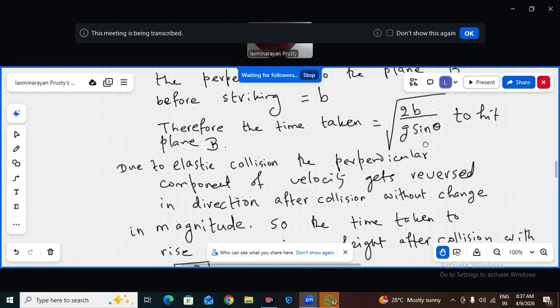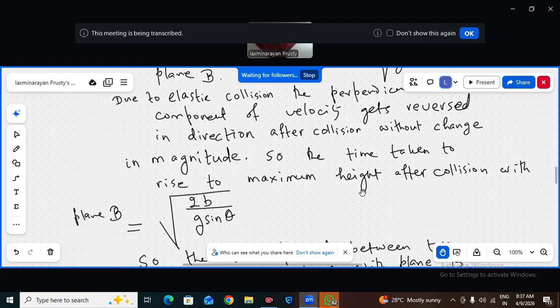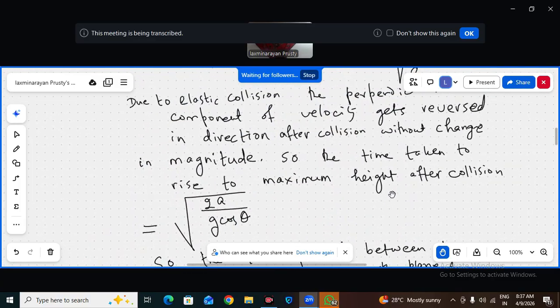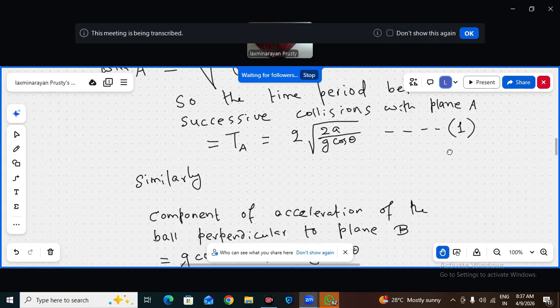The time taken to maximum height means that small b is the height for the plane B, and similarly for this, the maximum height is small a from the plane A. Okay, let me write also here with A. Okay, so this is clear to you.